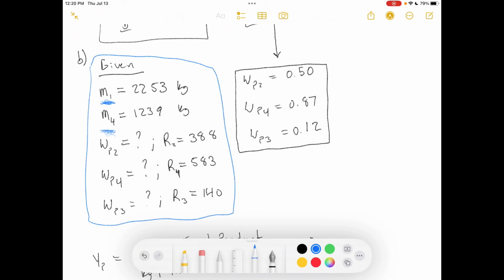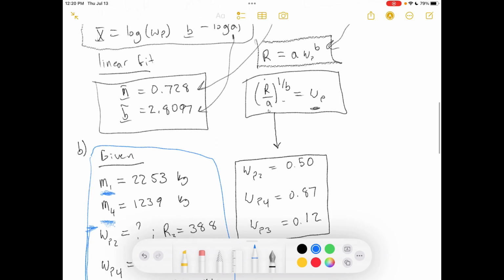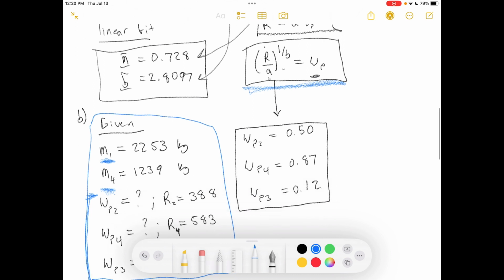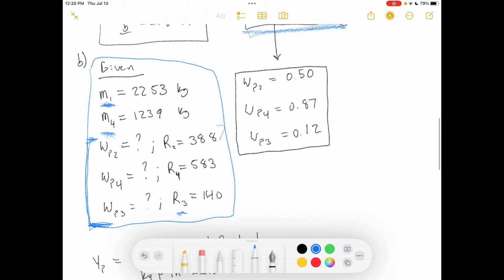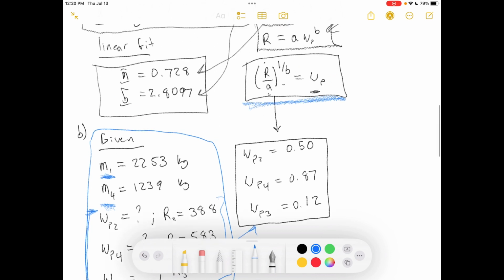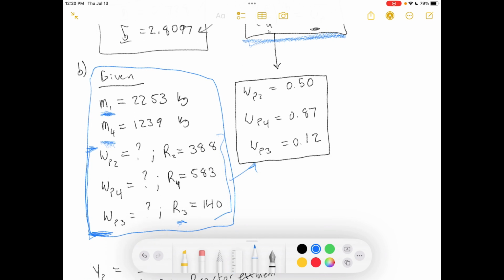And then they give us not directly information about the mass fractions of P in these streams, but they do give us R, and R, we know, can give us wP. That was the whole point of that first part that we did. So they give us an R, so we can calculate what wP is. Those are the R's, and those are the corresponding wP's, just using that equation.